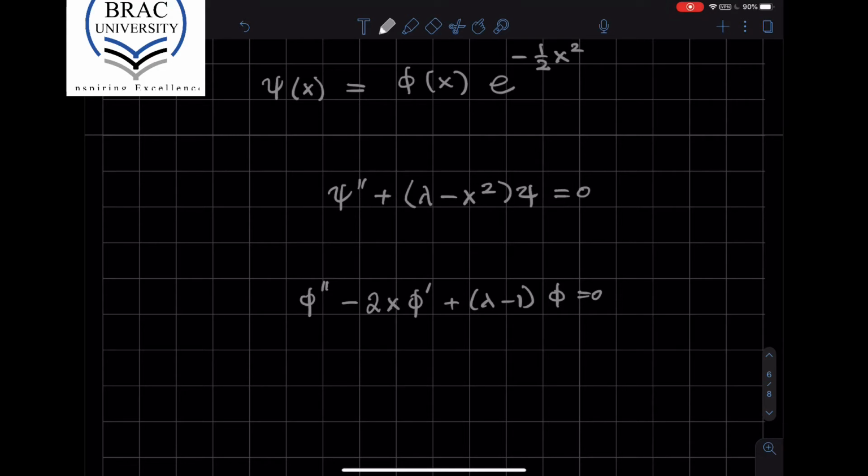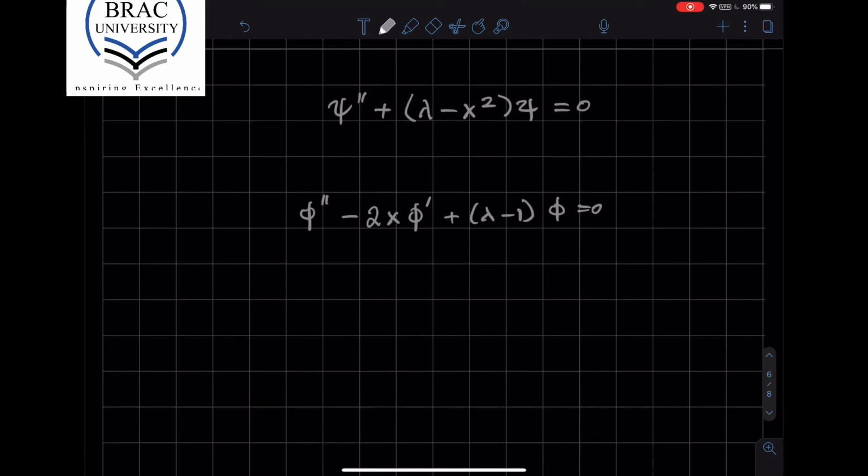So how do we solve this differential equation? Let us take a series ansatz. This is our proposed solution. Of course we don't want it to blow up. That's why we are taking this to be a sum over a power series with positive exponents.